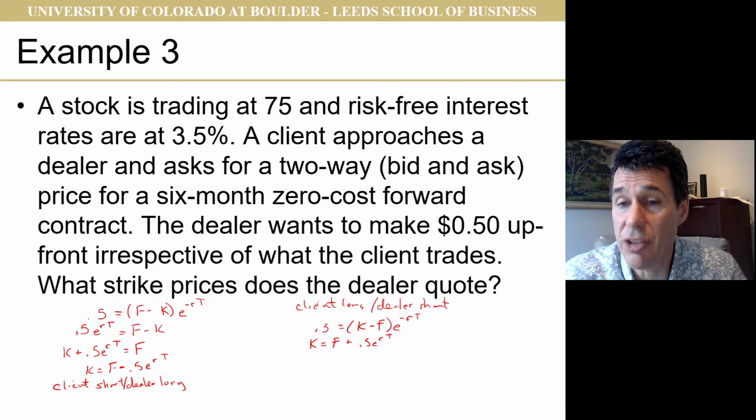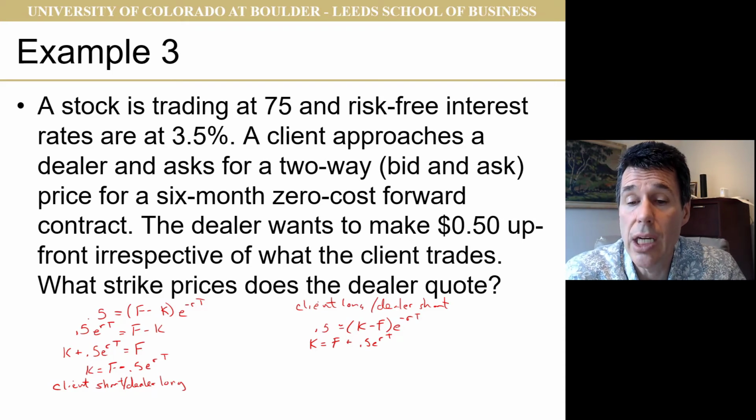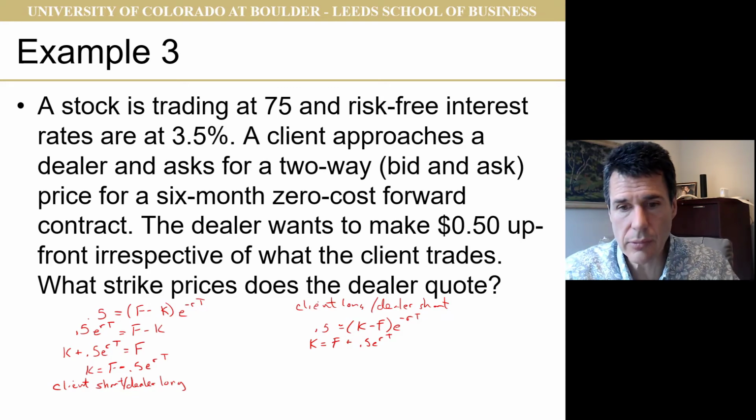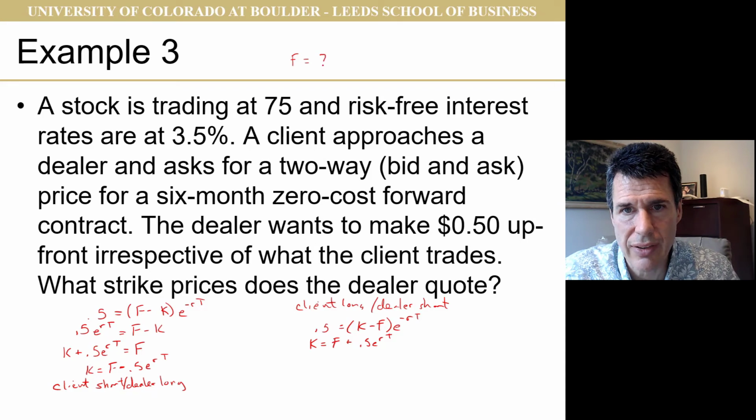So in order to find out the strikes at which the dealer is willing to enter into a zero cost forward, either direction, we want to find out the bid and ask strikes, we need the forward price and we need to know what the 50 cents is grown to the maturity of the option. Well, the forward price is F equals 75 e to the 0.035 times 0.5.